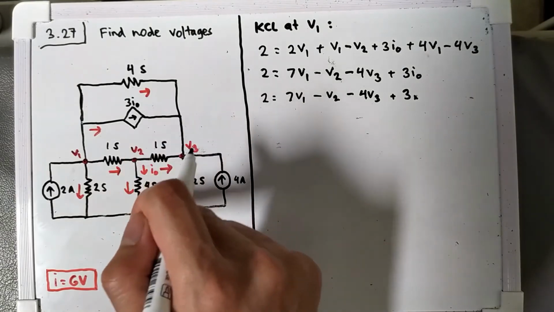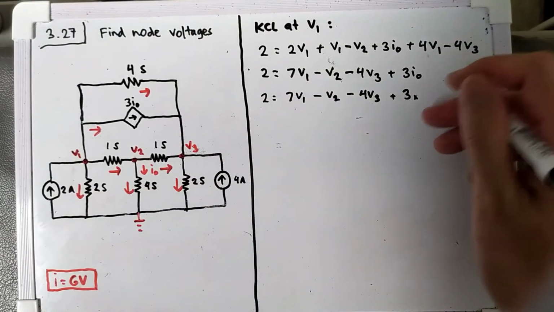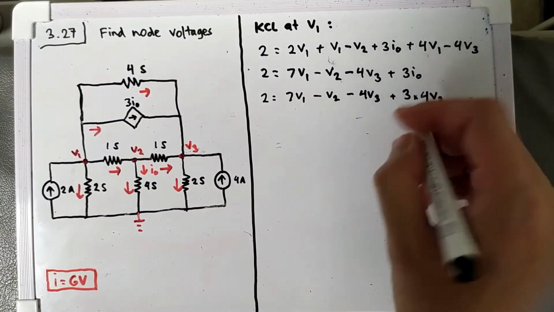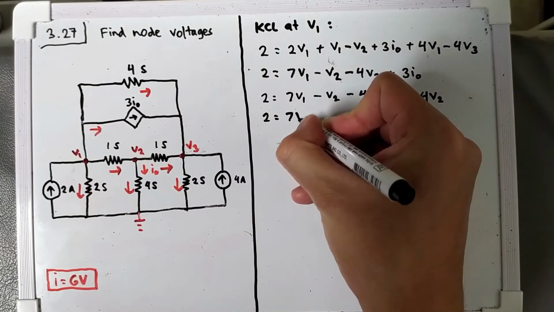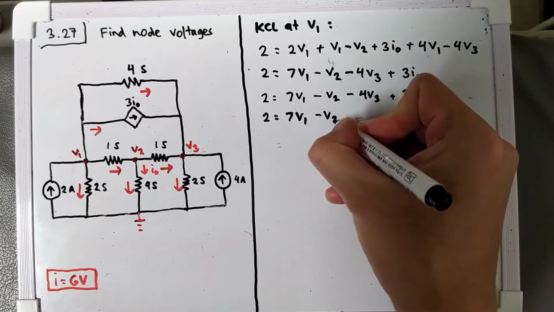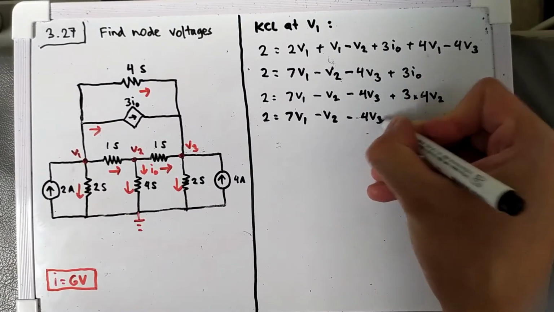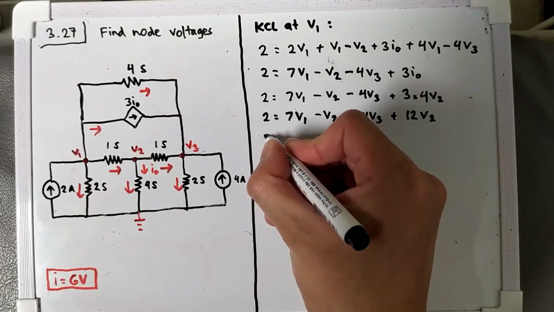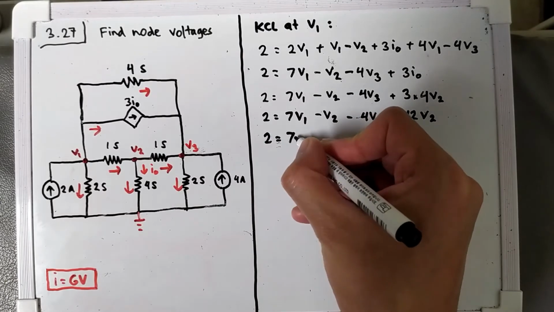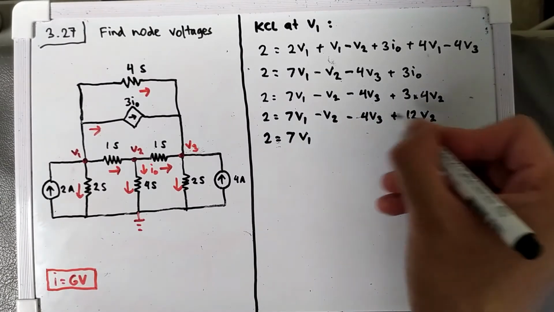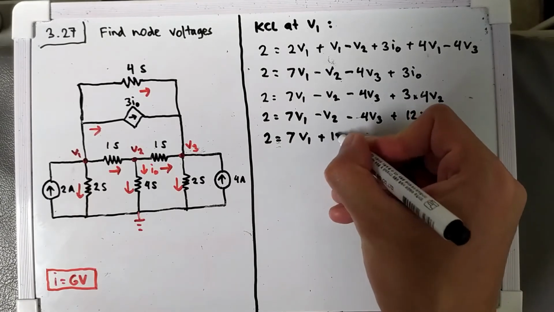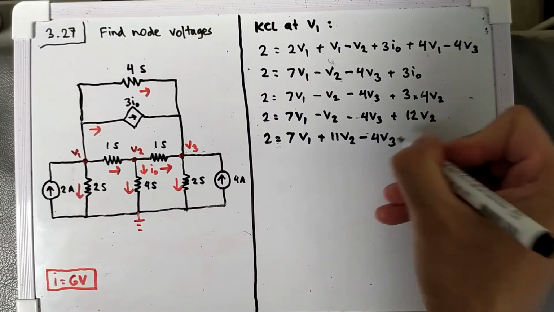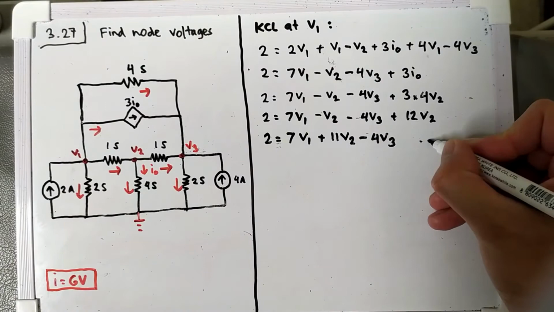I0 is V2 multiplied by this conductance, so I will have 4 V2. So I will have 2 is equal to 7V1 minus V2 minus 4V3 plus 12V2, so 2 is equal to 7V1 plus 11V2 minus 4V3. Let's save this as equation number 1.